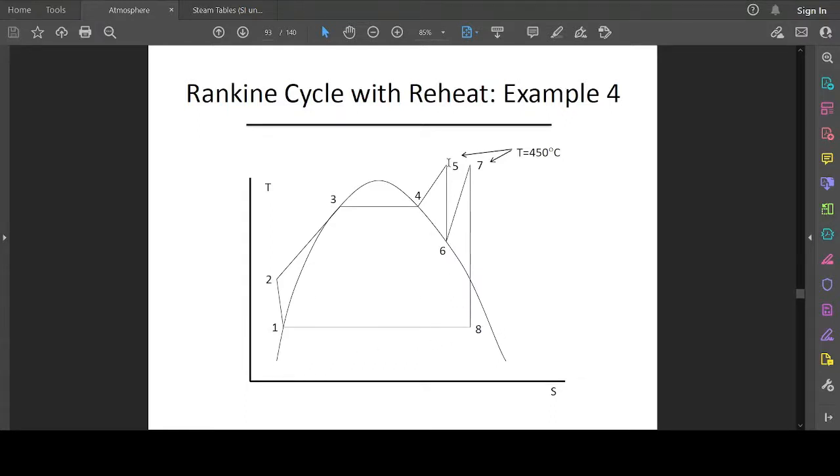And we know that the superheater here gets the temperature of the steam to 450 degrees Celsius.